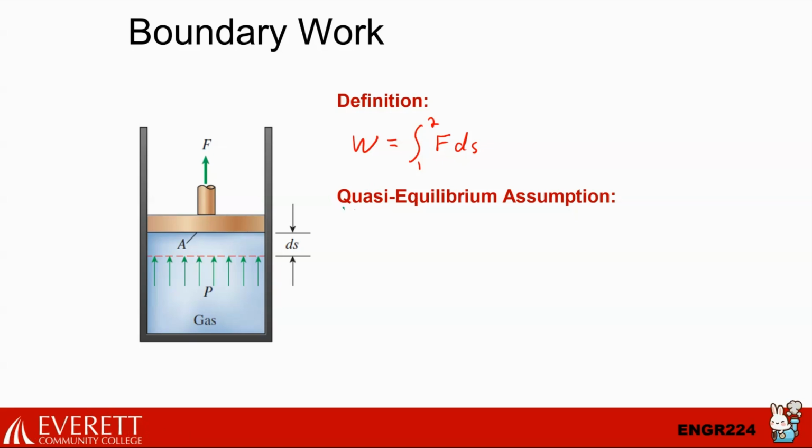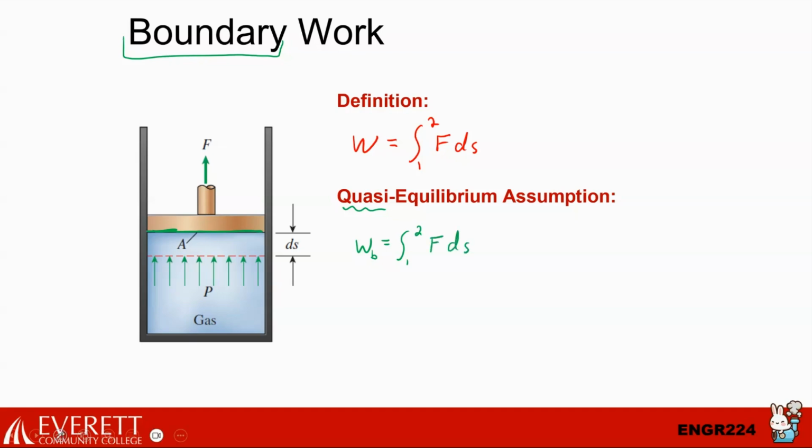Quasi just means that we're really close. We're going to assume that our system is in equilibrium. So our work, and I'm going to subscript this because I'm going to say work at the boundary. We only have one boundary that's going to be doing work, hence the topic, boundary work. And we'll say that's from 1 to 2, F ds.